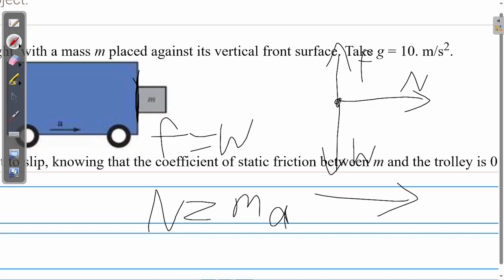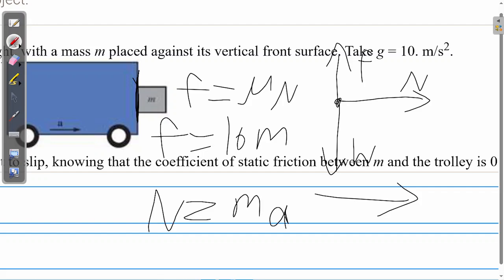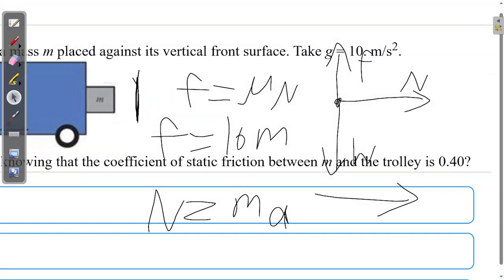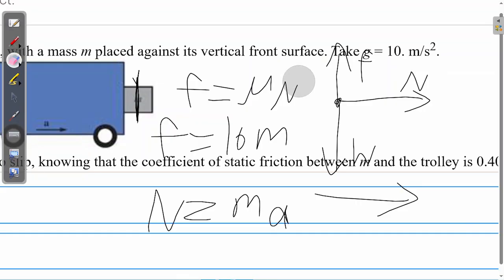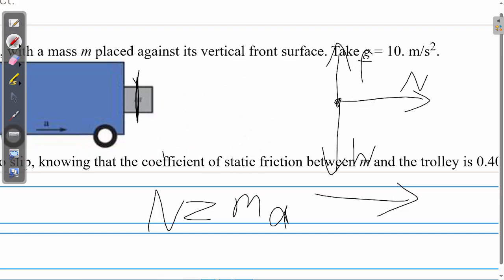Okay, so the weight is equal to mg, which is 10m, and we know that the friction is also equal to mu N, and we know mu is 0.4. Yeah, so we write F is equal to 0.4 N. So we can say that 0.4 N is equal to 10m.